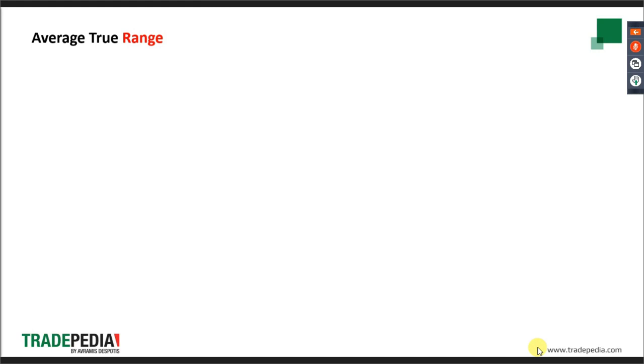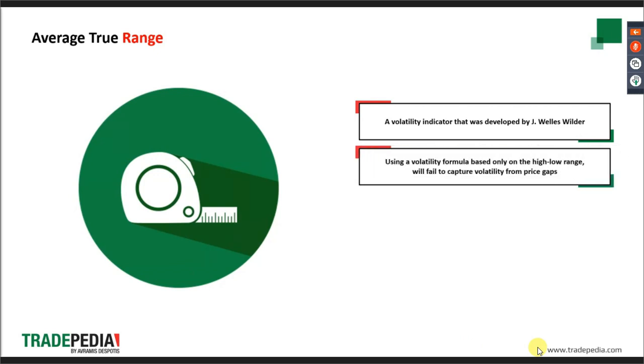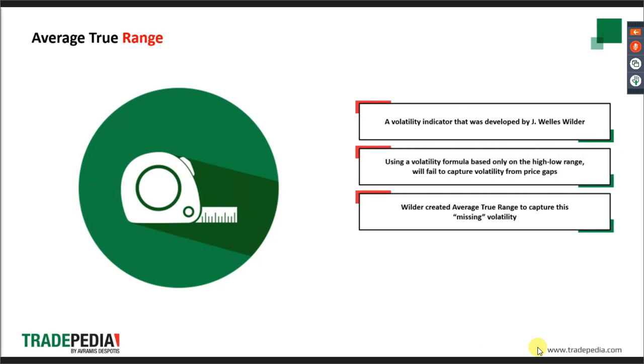So this volatility indicator was developed by J. Wells Wilder. It uses the volatility formula based on only the high to low range, so it will fail to capture the volatility from price gaps.